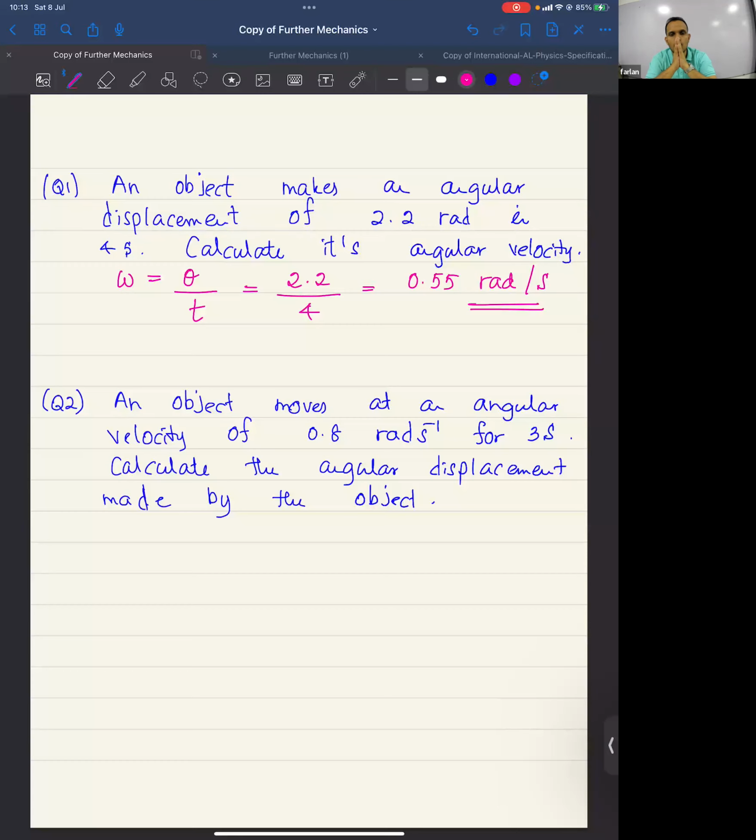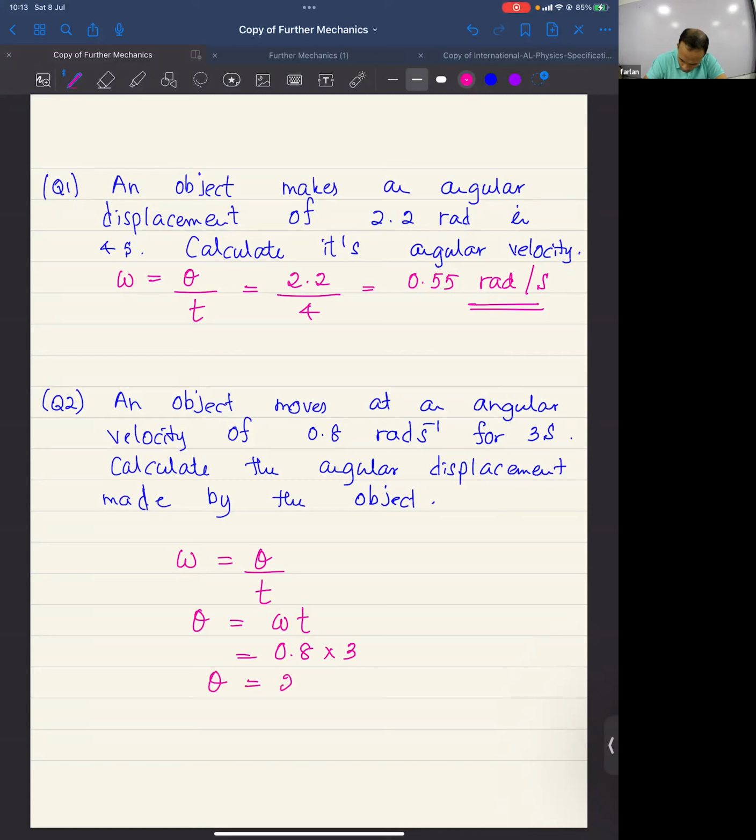2.4. Right. So it will be again omega equals theta over t. So if we cross multiply, theta equals omega into t. So omega is 0.8, t is 3.